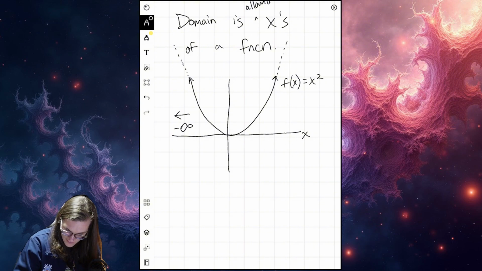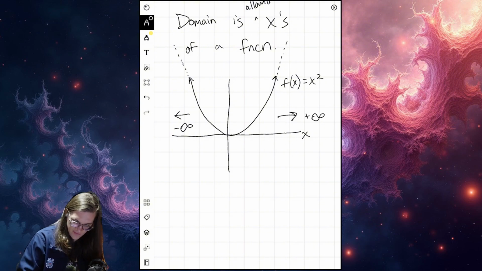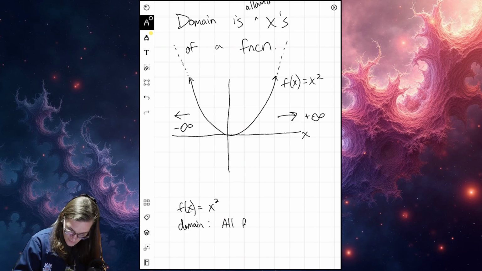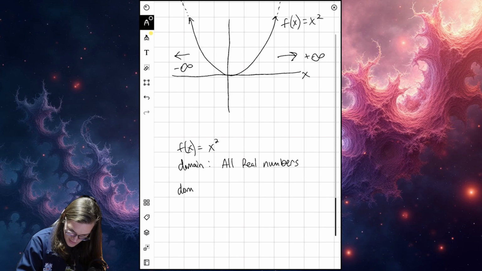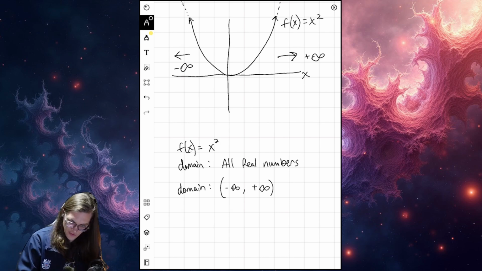And dot, dot, dot will go right to positive infinity. So the domain of this, you can say all real numbers, or another way to say that is this notation, negative infinity to positive infinity. So the domain of x squared is all real numbers.